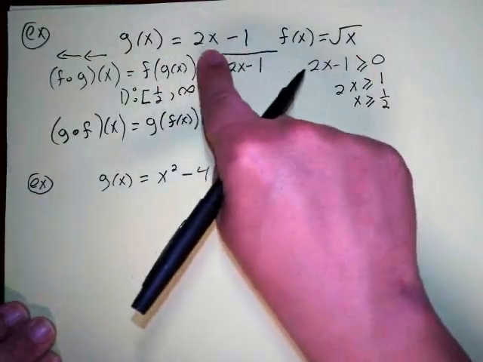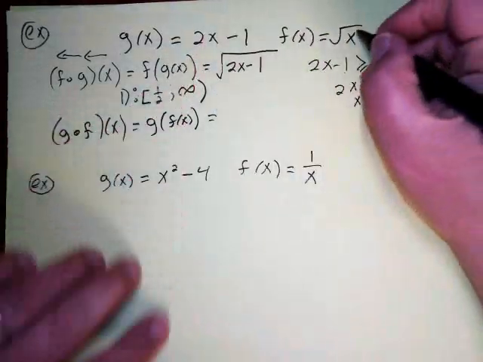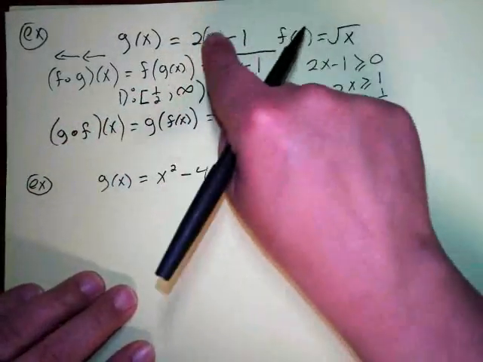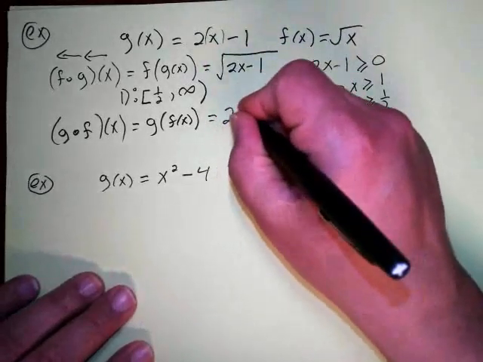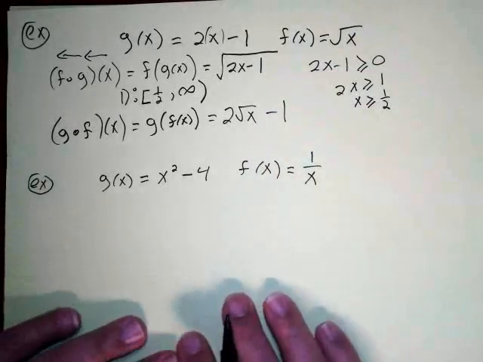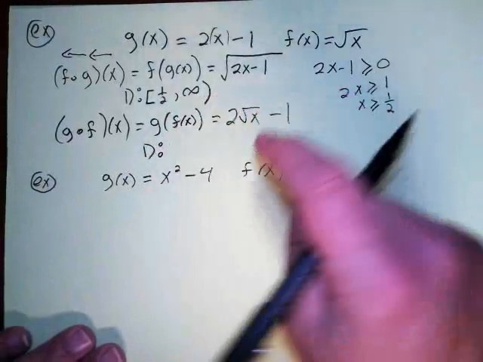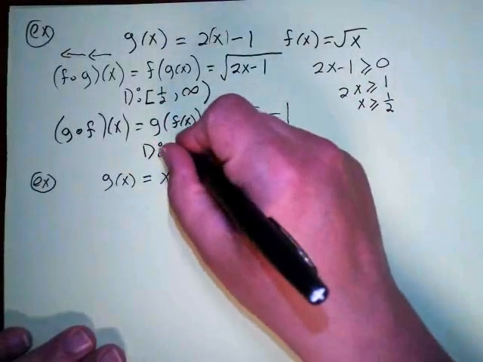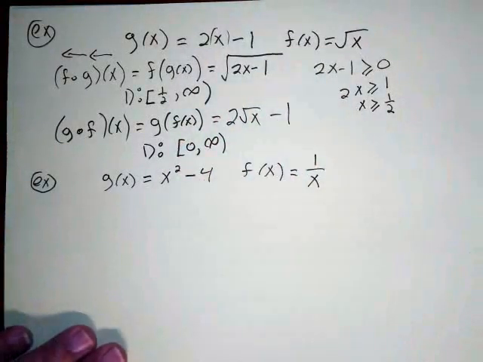I'm placing the inside function in for x here, like erasing that x and putting this in its place, which would look like this: 2 square root of x minus 1. In this case, the domain is just going to be 0 to infinity. The only problem is you can't have a negative underneath the radical, so that would be the domain.